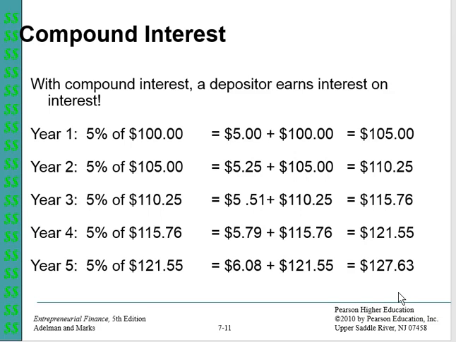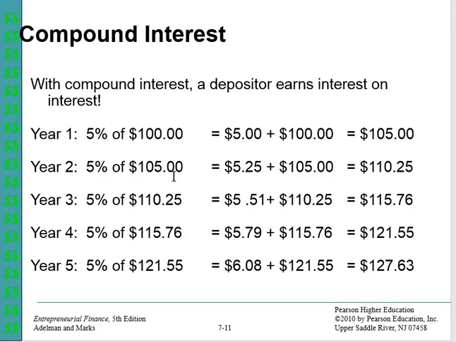Compound interest is the way we typically assume money grows over a longer period of time than a year. So this compound interest says you don't earn 5% on the principal, you earn 5% on the balance. So 5% of 100 is $5 plus the 100. So at the end of year one, you have $105.